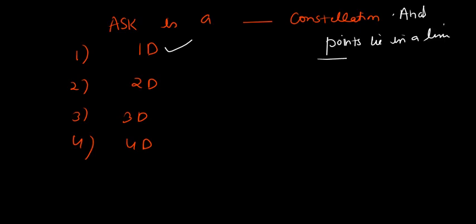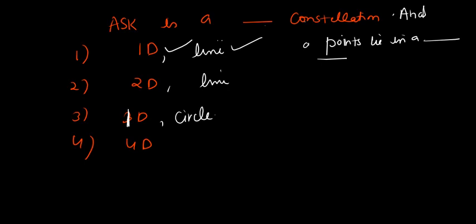In a second, 1D line, 2D line, 1D circle. So, what would be the answer? A. ASK is a one dimensional constellation and all points lie in a line.